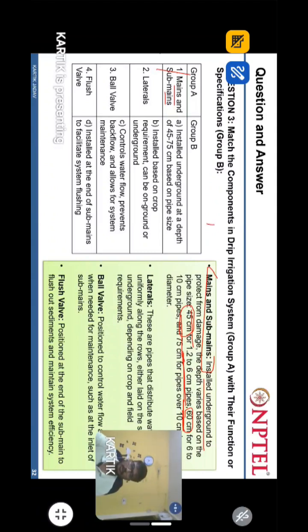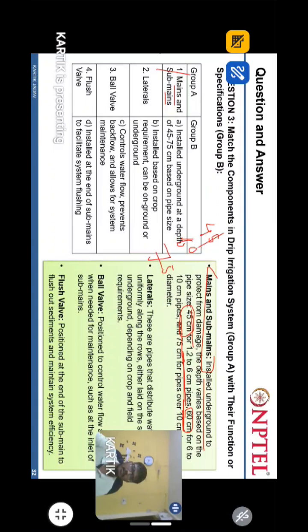So three depths, 45 centimeter, then 60, and then 75. So this is an increasing interval of 15.